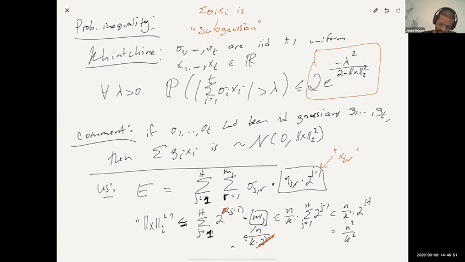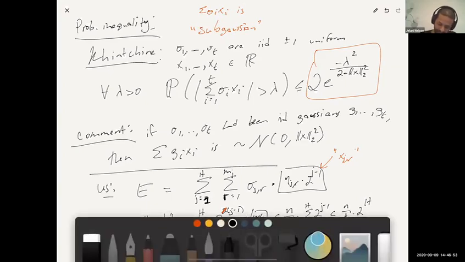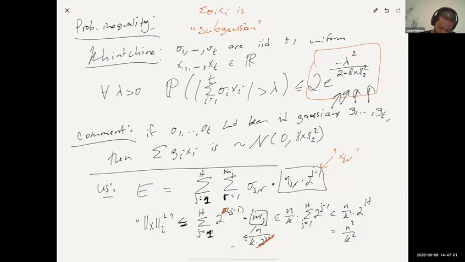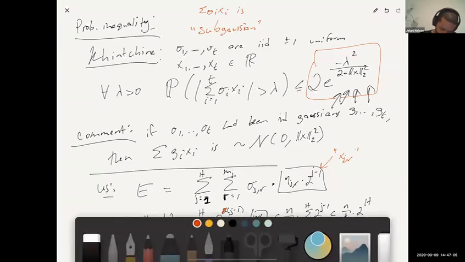So let me just refer back to the inequality we have here. This is the inequality we're using. Let's use it. I'll just do it right here.